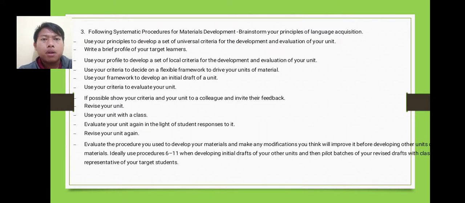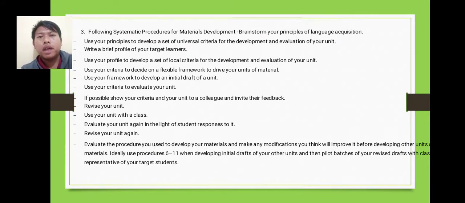The number one, brainstorming your principles of language acquisition. Number two, use your principles to develop a set of universal criteria for the development and evaluation of your unit.